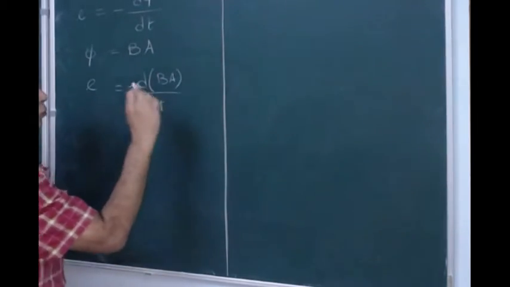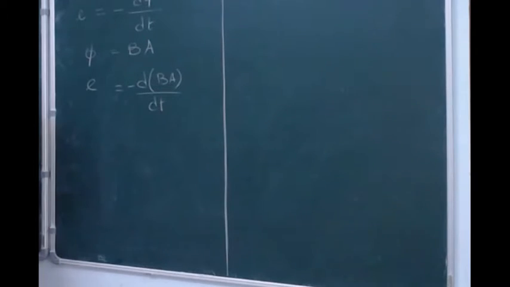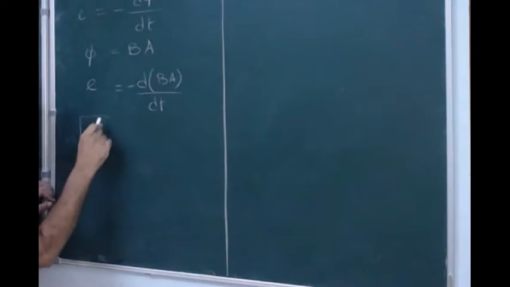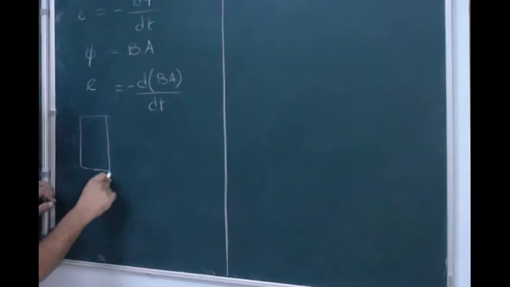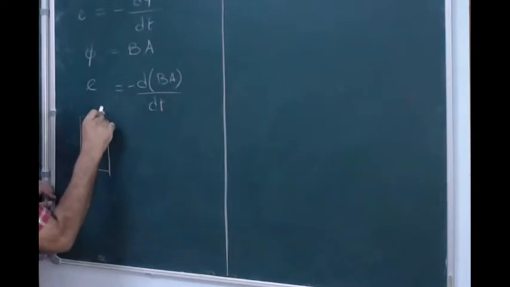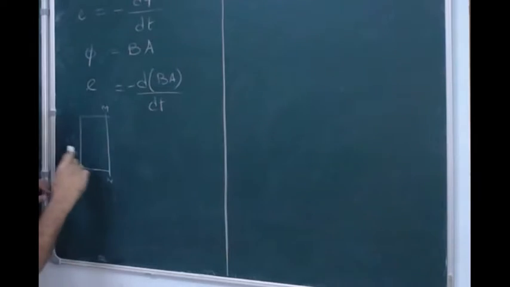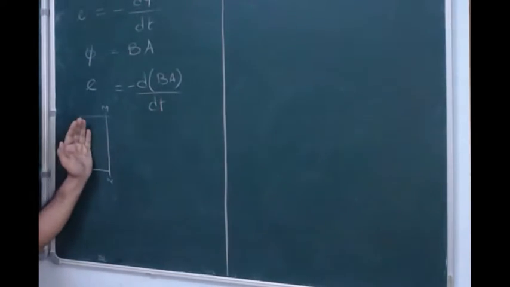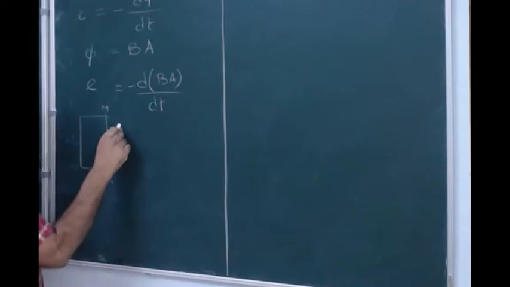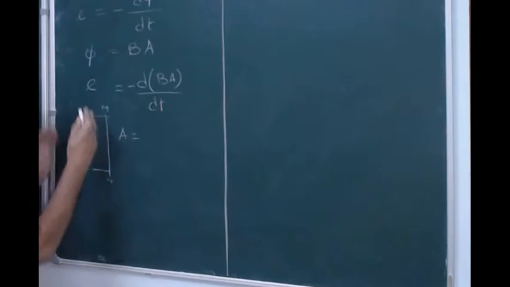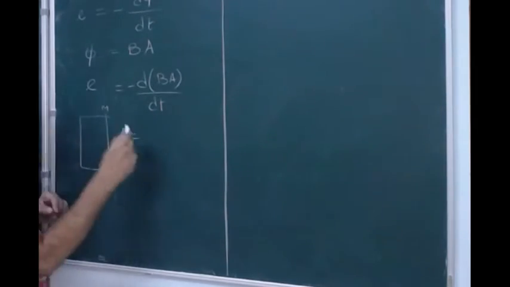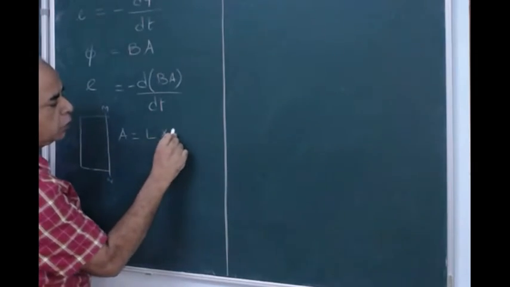Got it? So you have this metal frame where you have the moving rod MN. Now this makes an area, which is the area of the loop, that is length into breadth.